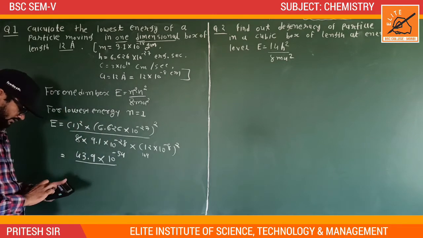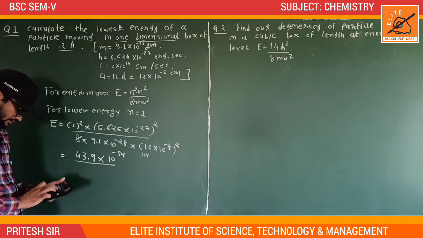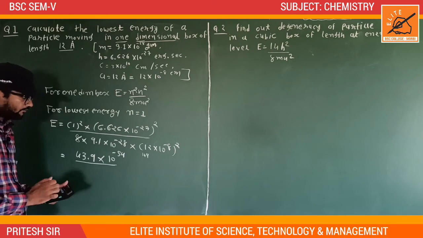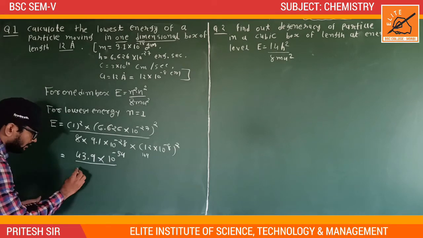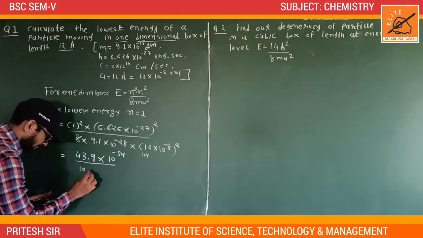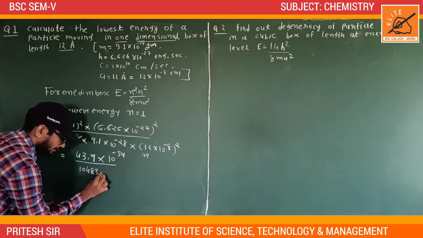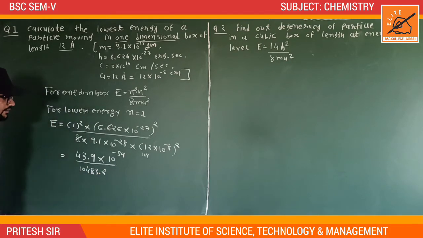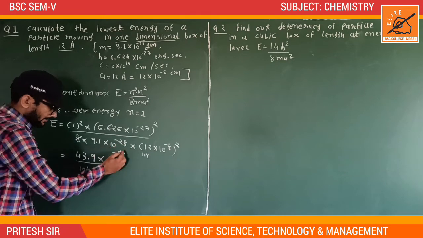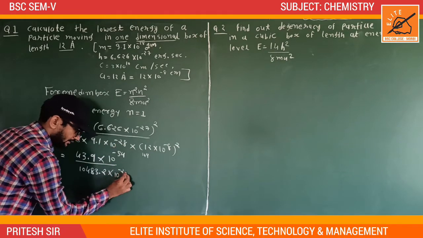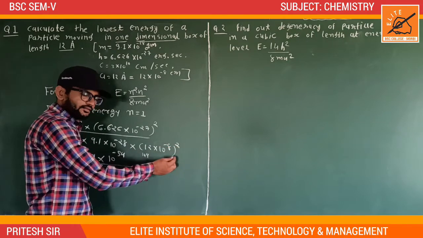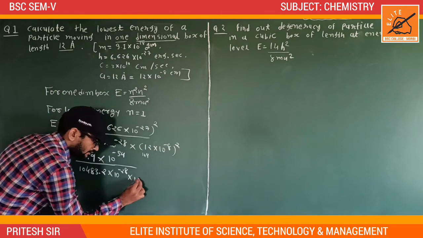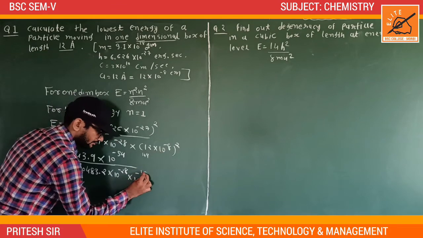So 8 into 9.1 into 144 is equal to 10483.2. Here 10 to the power minus 28 into the square of 10 to the power minus 8 gives 10 to the power minus 16.